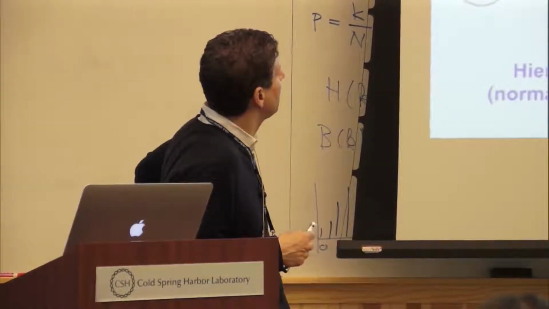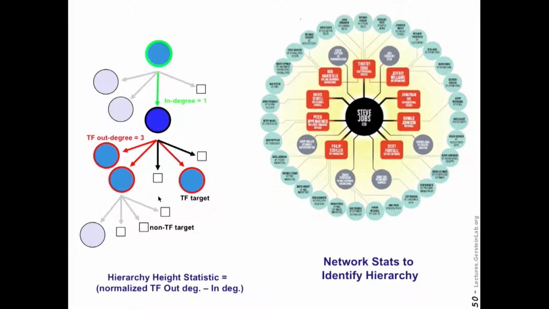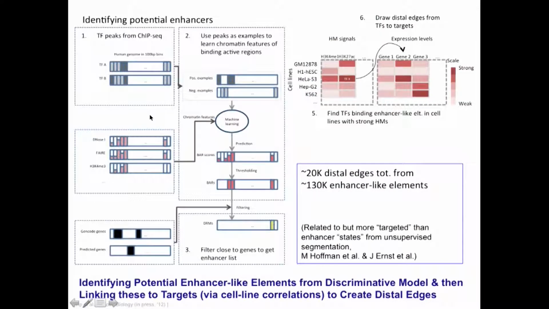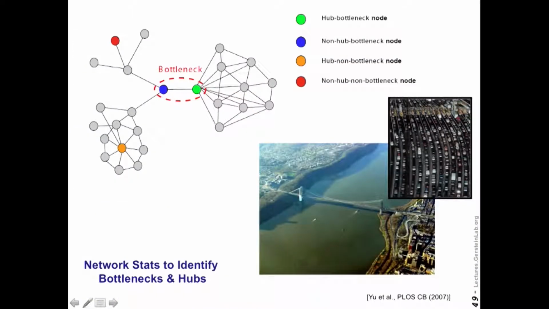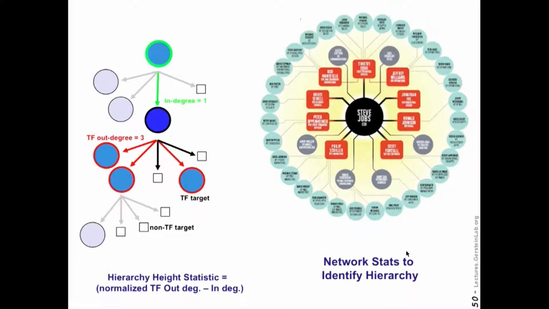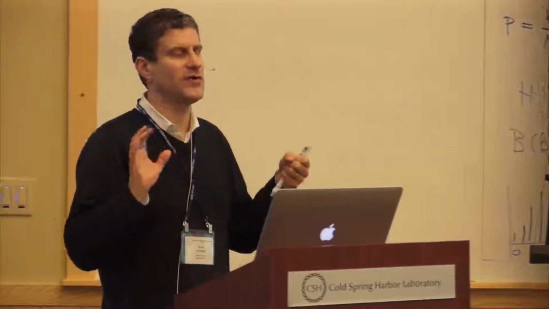So how do we do that? Well, remember, we're just given a kind of hairball to start with. So we're given a picture that looks like this. How do we turn this into a hierarchy? One thing we might do is, for each transcription factor, ask how many things do you regulate versus how many things regulate you?